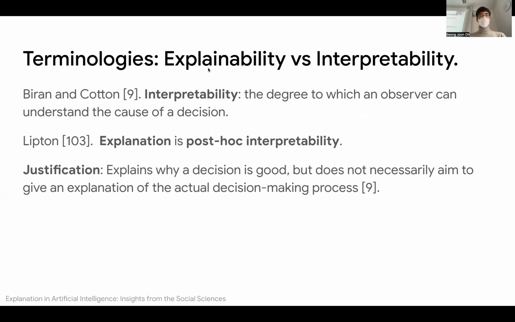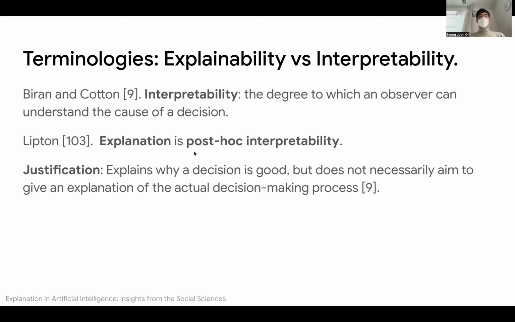And a bit more into the terminologies for explainability and interpretability. According to Biran and Cotton, interpretability is the degree to which an observer can understand the cause of a decision. And what is important is the distinction between interpretability and explanation. Explanation is post-hoc interpretability. So we can say a model is intrinsically interpretable. And then in that case, we don't need a separate explanation.